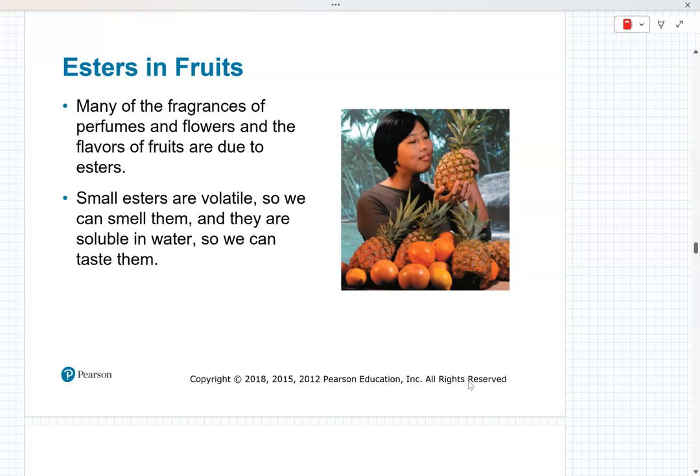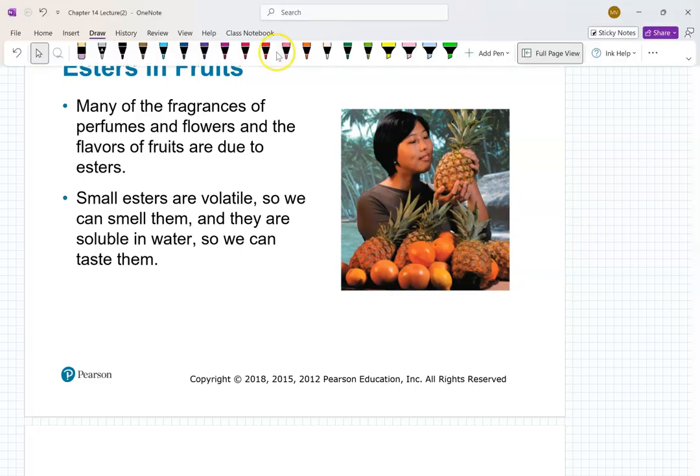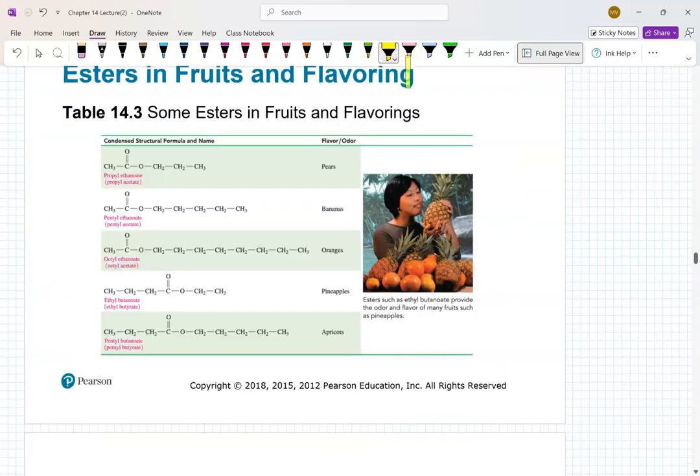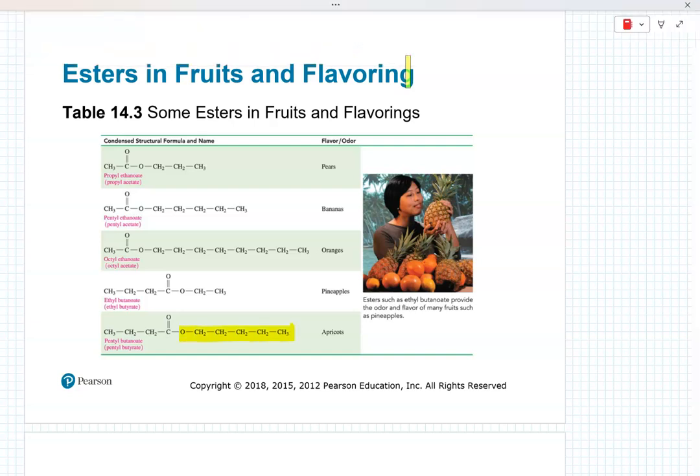So a lot of different esters give various fruits the smell and to some extent the taste. So here are some examples. For instance, if you combine pentanol, the alcohol, and butanoic acid, you're going to get the smell of apricots.